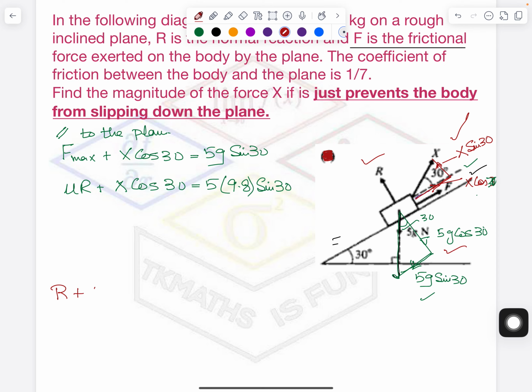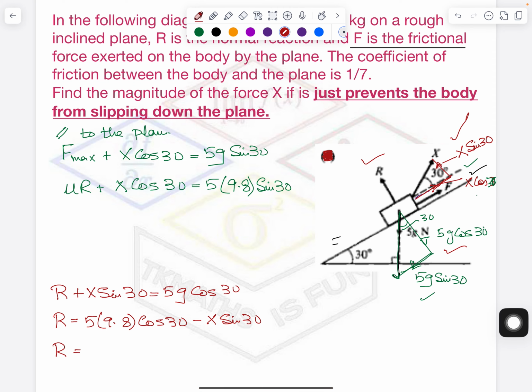So R plus x sine 30 is equals to 5g cos 30. I need to know this value of R, which I will plug in place of R in the equation which I have made for the forces parallel to the plane. So R is equals to 5 times 9.8 cos 30 minus x sine 30.